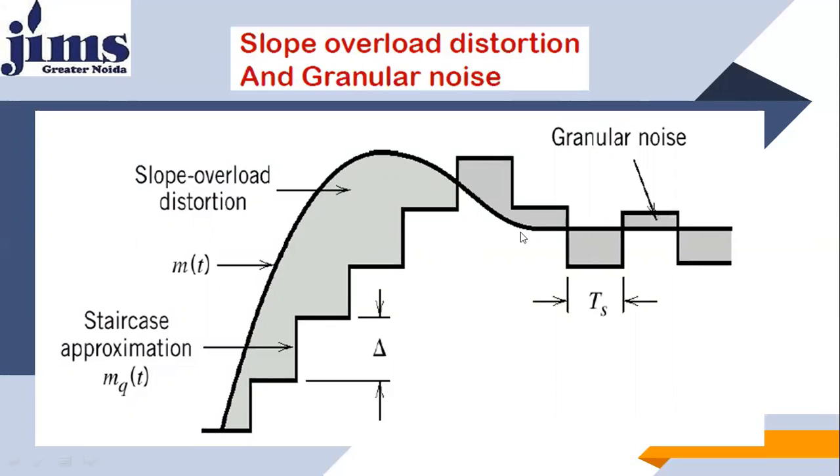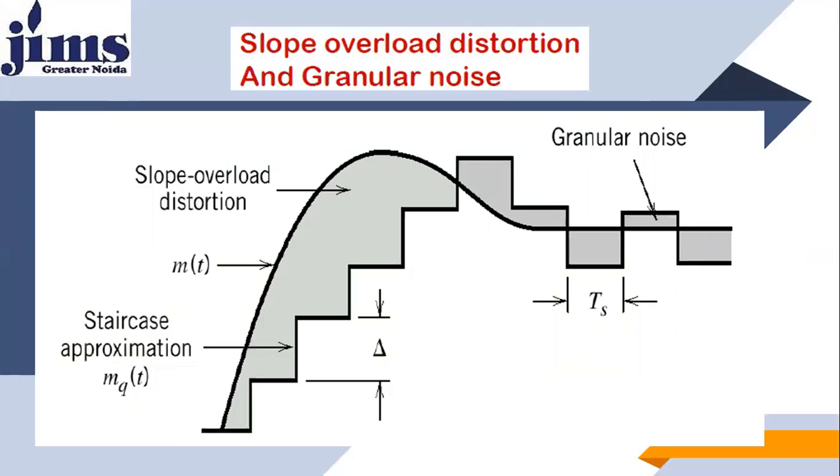The second one is that sometimes when the slope is very low, or you may say when your analog signal is uniform with respect to time, is level, then again there is a condition. In that case, the slope of the staircase signal is more as compared to the analog signal.